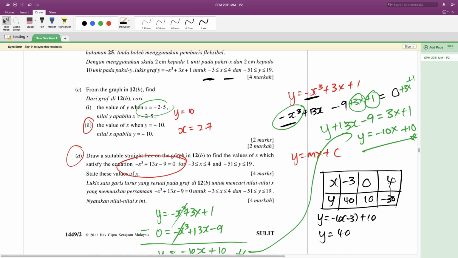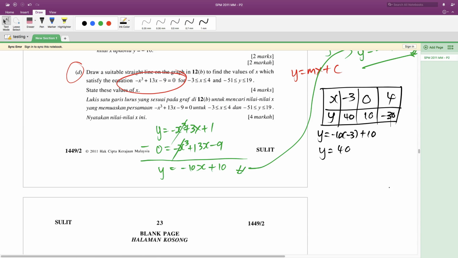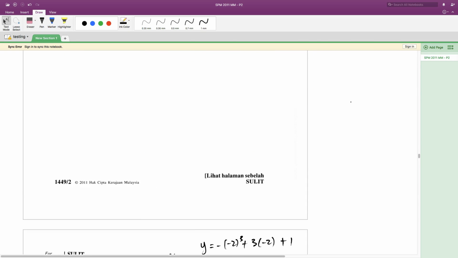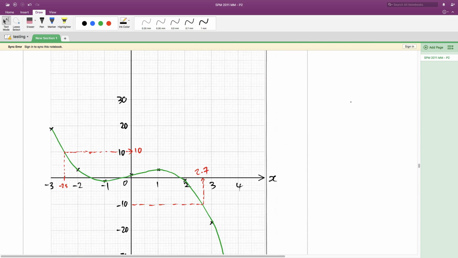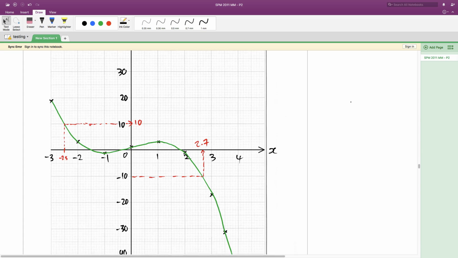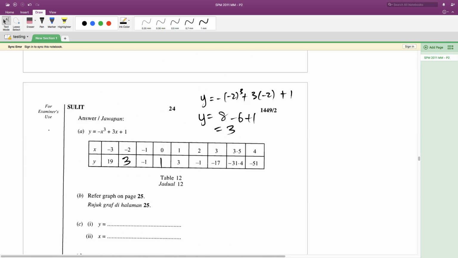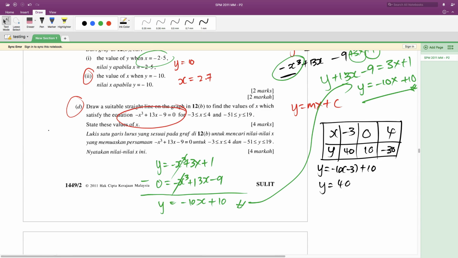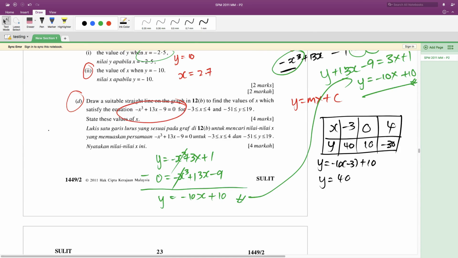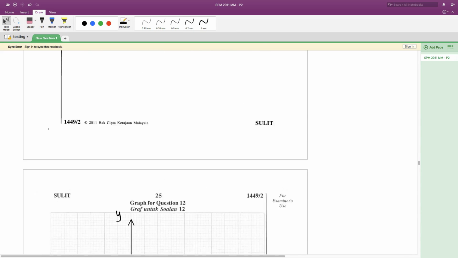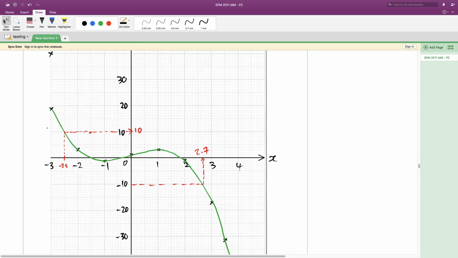Okay, after I get this table, I'm going to plot these 3 coordinates. Negative 3, 40, 0, 10. Negative 3 and 40. 40, oh my god, it's very, very high. Okay, and 0, 10, 4, negative 30. 0 at 10, and then 4 at negative 30.